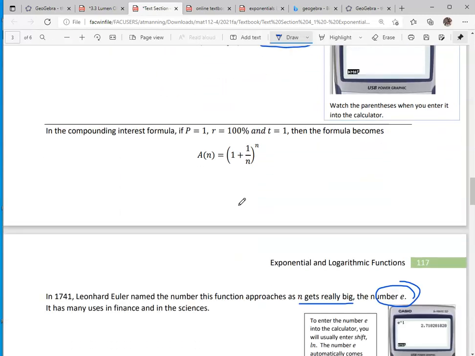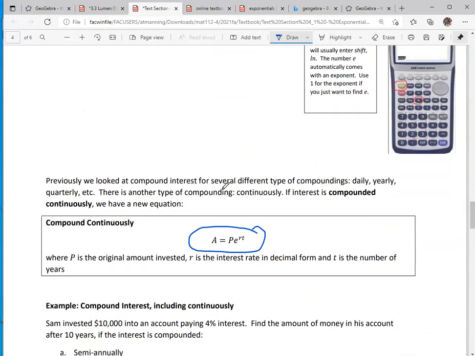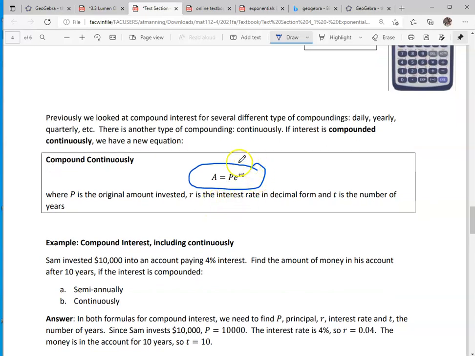But most banks, when they say, we're compounding continuously, you might ask them that question. You can use this formula. And e is such a famous number, it's programmed into your calculator. So here's a formula you can use when we have continuously compounded interest.